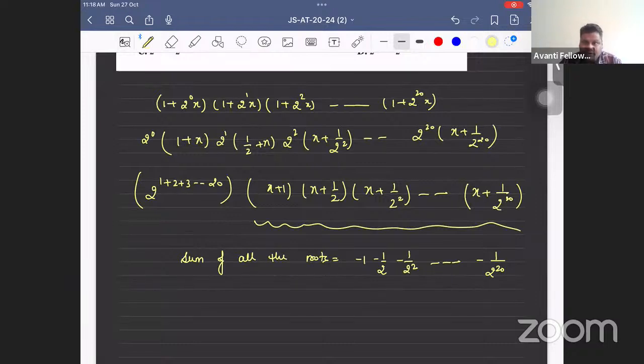Am I correct? And what exactly does sum of roots mean? Coefficient of x to the power 20 upon coefficient of x to the power 21 with a negative sign is the sum of roots. Now apply sum of roots here.